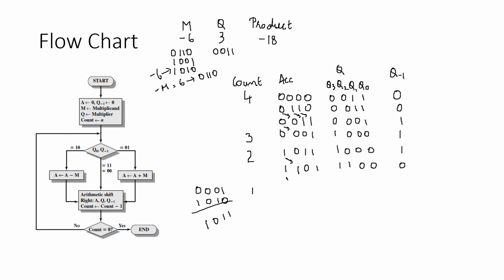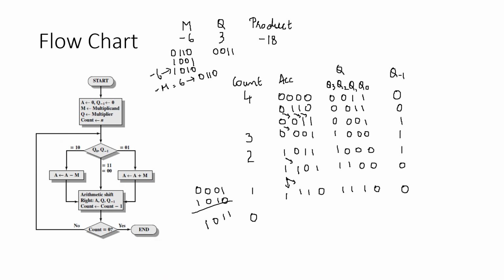Therefore, we just bring this down as it is and then shift it: 1, 1, 0, 1, 1, 1, 0 and 0. Now again we decrement the count. Now count becomes 0. So now this comes out of the loop. Since count is 0, this exits the loop.